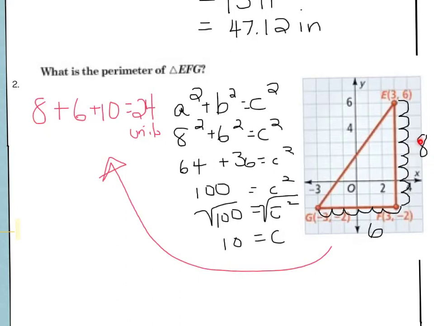And 3 minus -3 gives you 6. Then you use the Pythagorean theorem with that 6 and 8 to come up with c equals 10, the length of this side over here. Then you add those 3 numbers up, and you get 24 units.